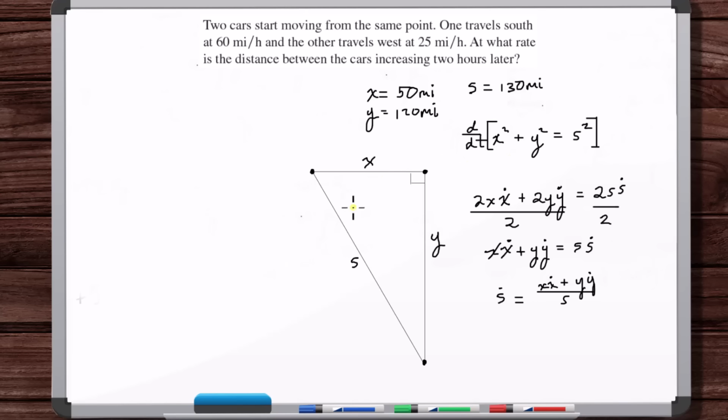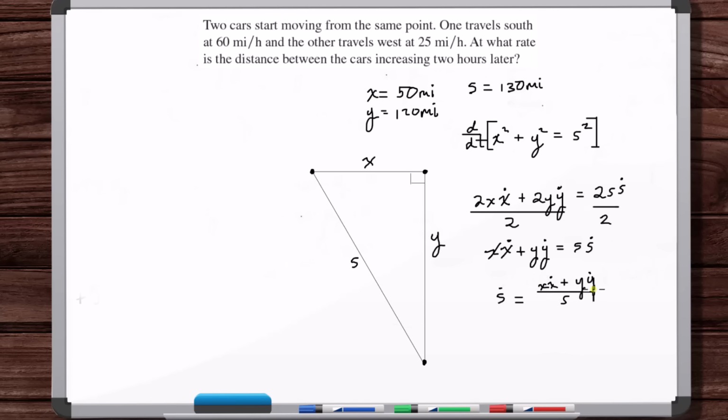So we're looking at this as a triangle. The first thing that should show you is that what we plug in for x and y and s is going to be positive, because when it comes to a triangle, there's no such thing as a negative side length, right? So for x, y, and s, we're just going to put in positives.